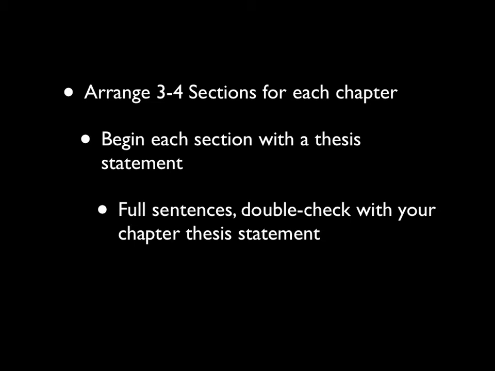So here we have a multiplicity of thesis statements that go from the section level, that check upwards, that they fit with the chapter level, which check upwards to make sure that they fit with your dissertation thesis statement. And don't forget that sections can move around, so as you're writing this chapter, if you don't like where you've placed the section, you can always just move it around. That's not a problem.